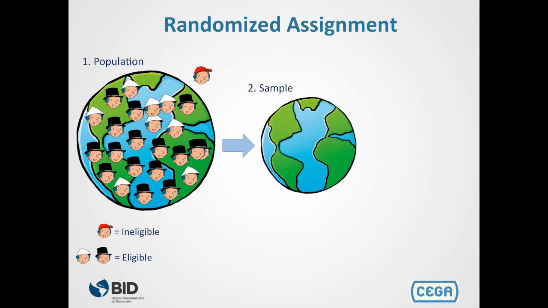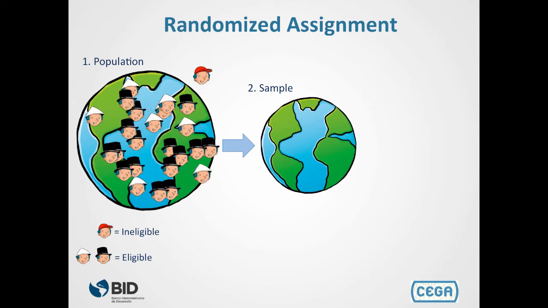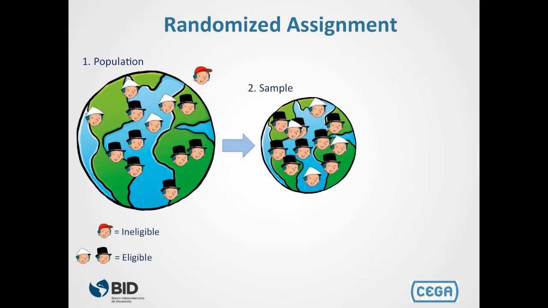Then, we don't want to do our impact evaluation on the whole population. We'd like to do it on a sample. So we take a sample of white hats and black hats, and this sample is going to be where we conduct the impact evaluation. Now, if the sample is a random sample of the population, then the sample mean will be an unbiased estimator of the population.